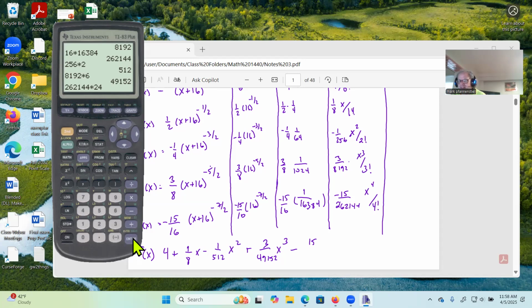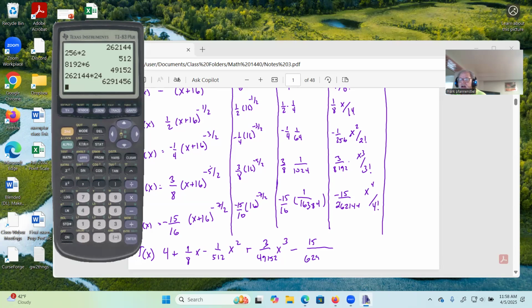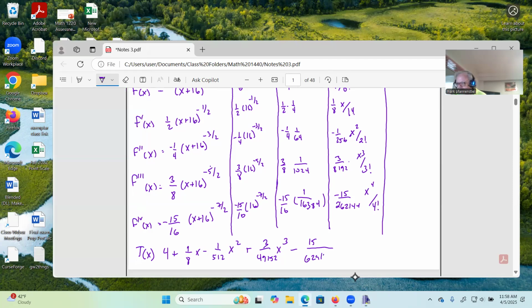This won't be exactly nice and neat in the most reduced form, but we'll go ahead and say 262144 times 24, and I ended up with 6291456 x to the fourth power. Okay, and this would be my Taylor polynomial for a fourth degree Taylor polynomial.